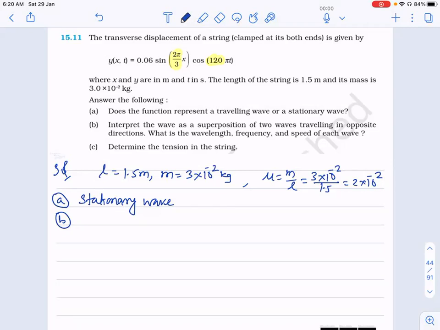So in this equation, cos omega t. So here it is cos 125. So omega will be equal to 125. Will omega give us the wavelength? What about wavelength? So then we can find.